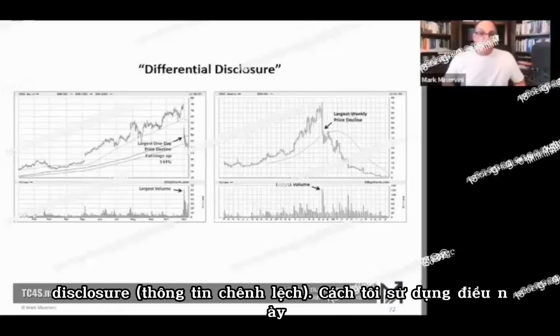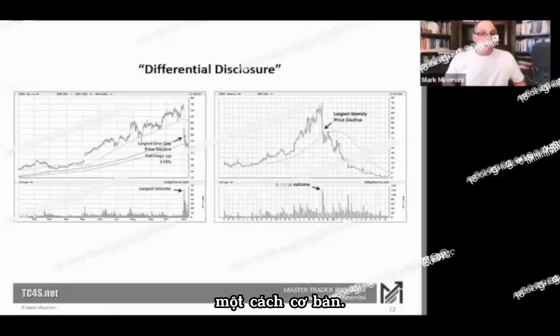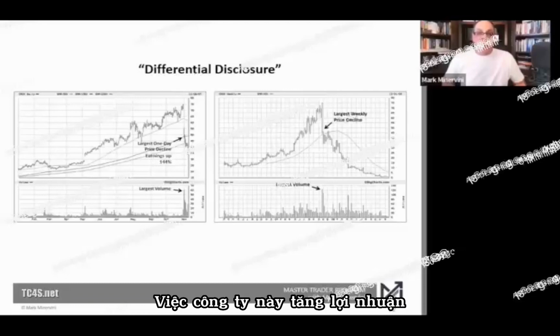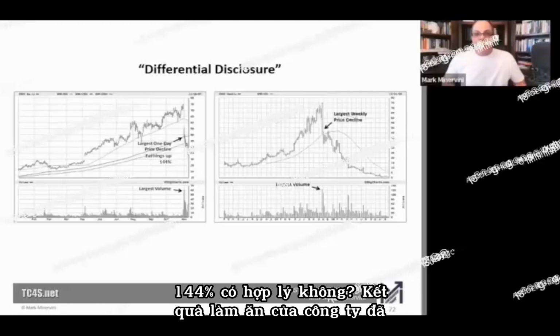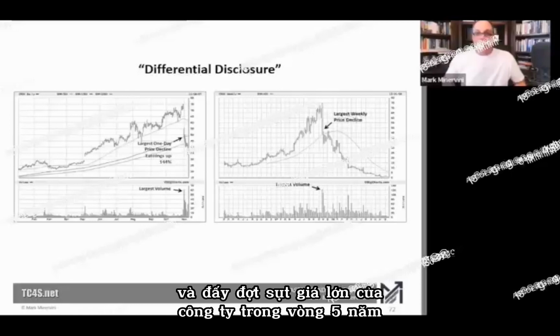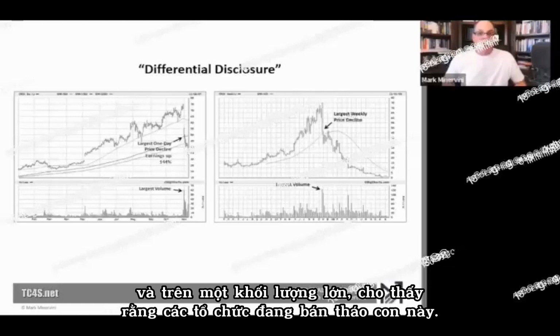I use differential disclosure in a very basic, straightforward way. I look at the price and I look at the fundamentals, and I ask myself, does it make sense? Does it make sense that this company just came out with a 144% increase in earnings, better than the analysts expected, and the price drops 25% in a matter of hours, the largest price drop it's had in the last 5 years, on the largest volume, showing that institutions are piling out of it?